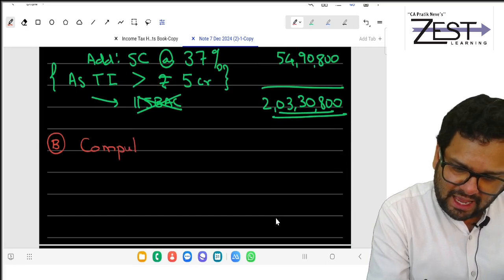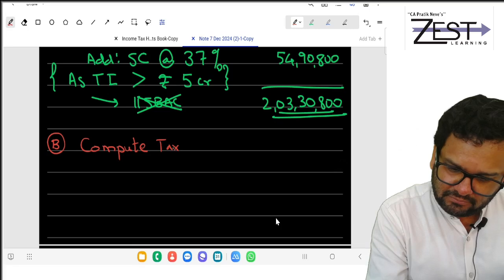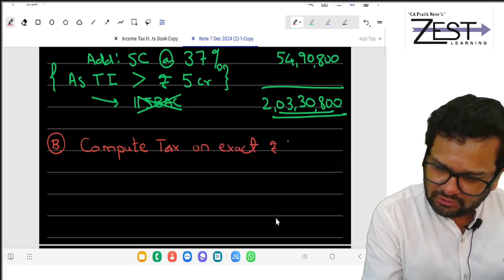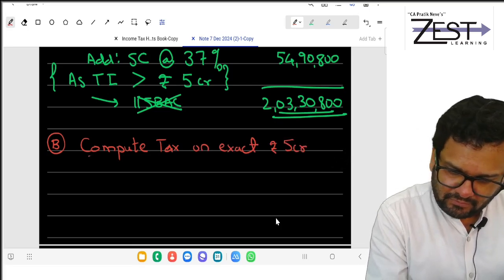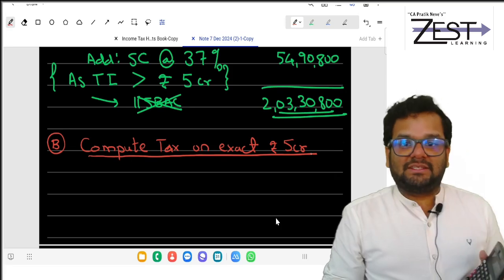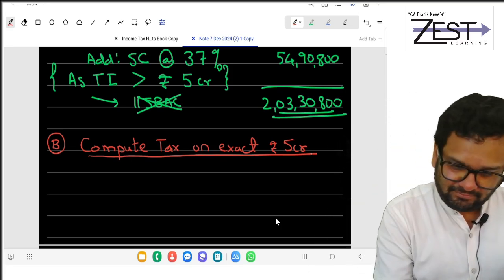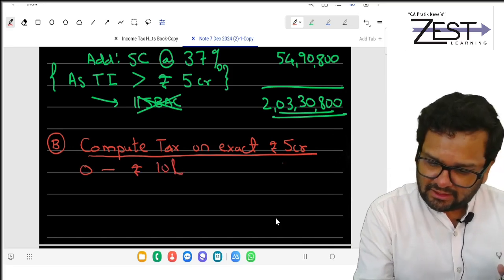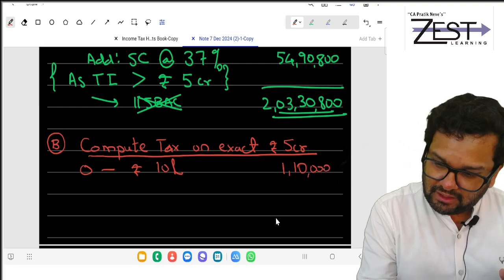Compute tax on exact 5 crore. You are ready to pay tax on exact 5 crore. What is tax on exact 5 crore? 0 to 10 lakhs, jump now: 1 lakh 10,000.